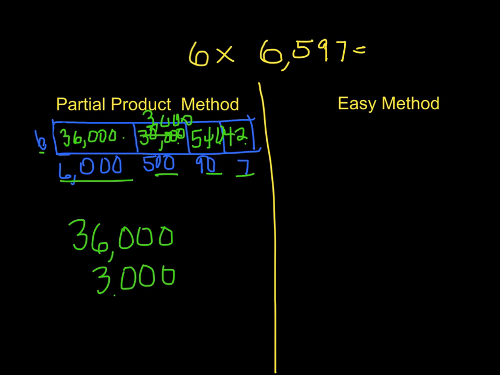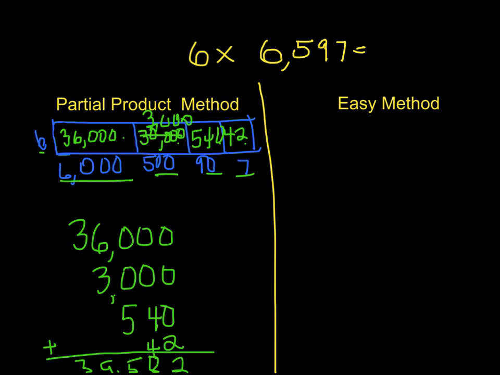And then 540. And finally 42. We'll take those partial products, add them together to get the final product. And I get 39,582. Sorry, that's kind of going off the page there.